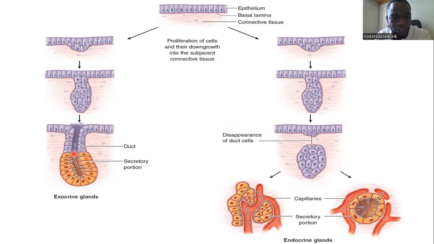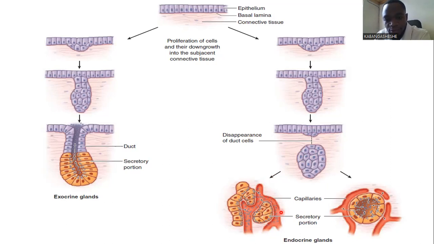So that's why we call these glands with ducts, and these ductless glands. Since they don't have ducts, these cells, which are equivalent to these cells here, the secretory portion, are always surrounded with blood vessels. To be specific, capillaries. So capillaries act as ducts for endocrine glands, since they do not have their own ducts. And these capillaries then transport the hormones to their target tissue.